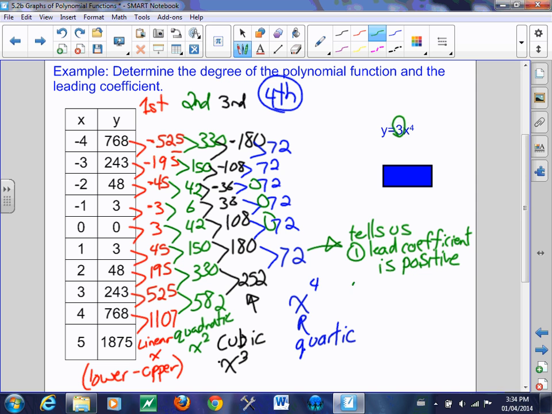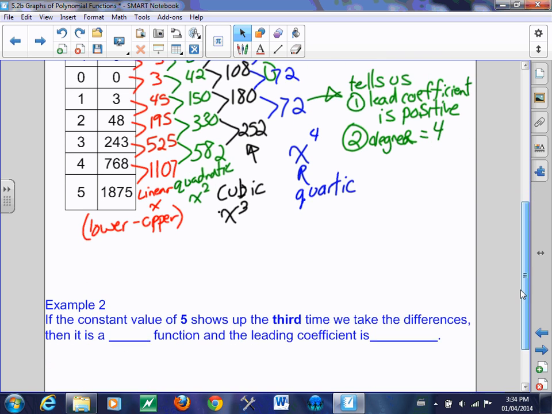And the second thing it tells us is the degree. So degree equals 4. So we're looking for x to the fourth. All right, let's try another example.